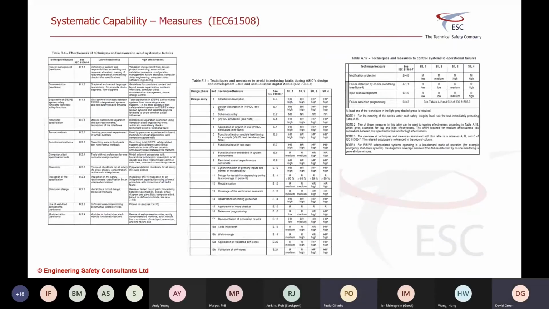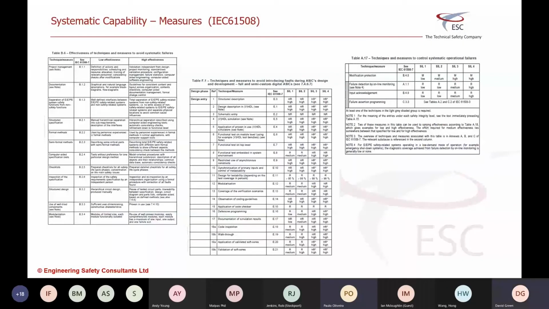So in 61508, there are a number of tables where you can actually see if your techniques are meeting the requirement for the SIL that you're claiming for that function. So for example, if you have a device that says it's SIL 2 capable, and it has some ASICs in it, and in your design you're considering using, as part of the evidence for compliance, a schematic entry rather than VHDL simulation.